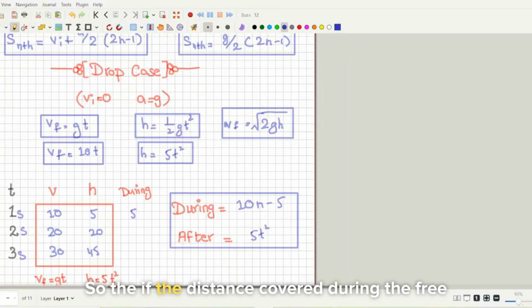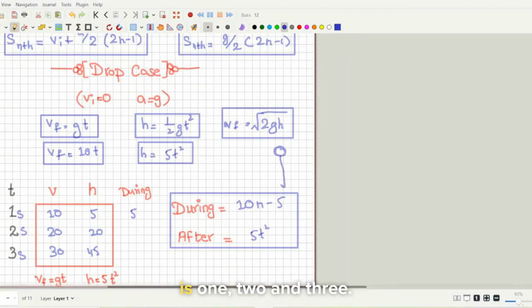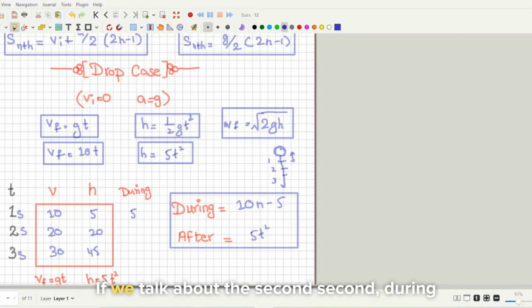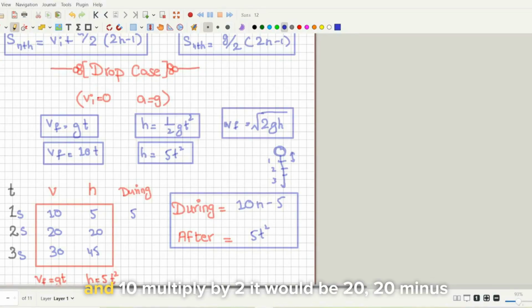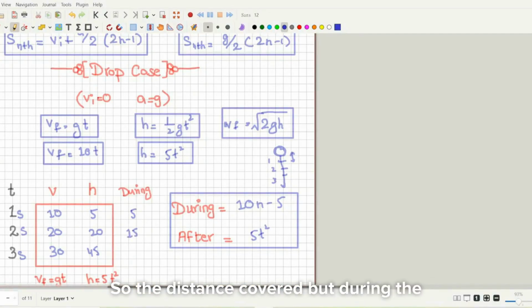So if the distance covered during the free fall is for 1, 2 and 3 seconds, this is the distance during and after, because only 1 second has passed, so during and after would be the same. If we talk about the second second, the formula would be 10n. 10 multiplied by 2 is 20. 20 minus 5 is 15. So the distance covered during the second second is going to be 15.